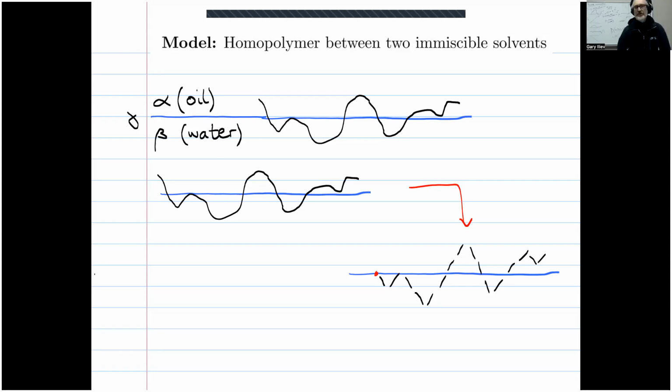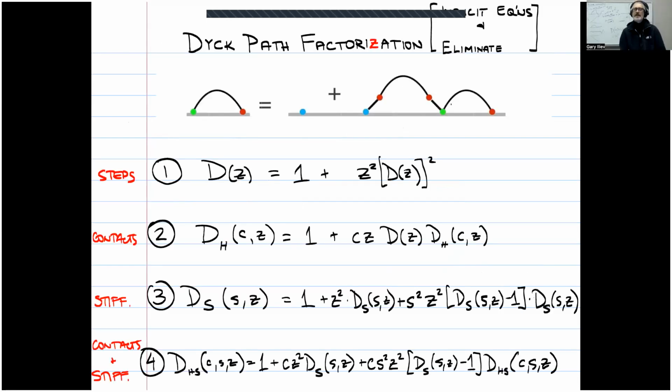And so this factorization game, you've seen a couple of examples already, but this is, for example, just what you would use to solve the half plane problem. So these are Dyck paths factorized by length. And I just make a point here.